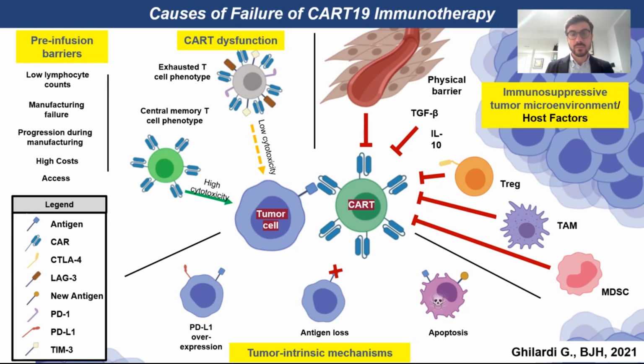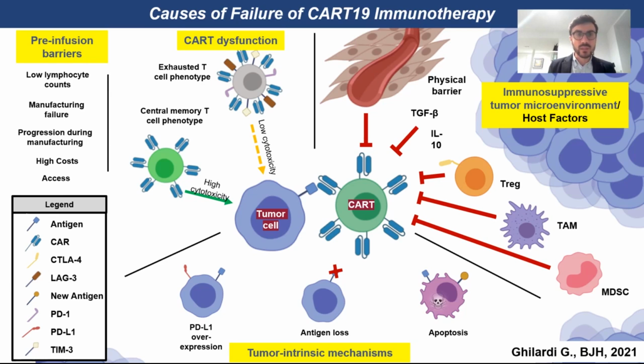And this has been observed in a significant subset of patients treated with CAR-19. And we have done several studies studying the role of apoptosis in modulating tumor cells, and they are resistant to CAR T-cells.